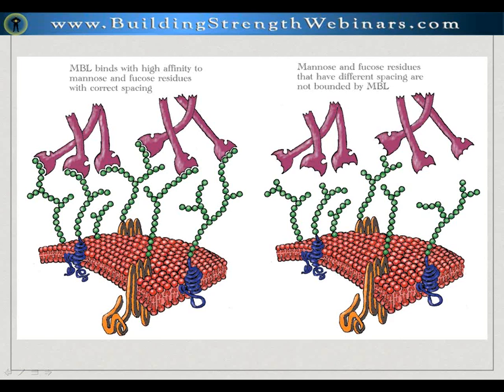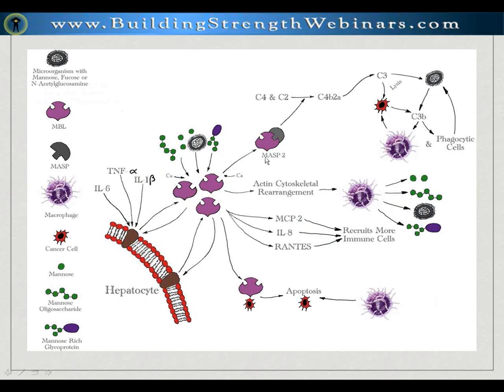So here we've expanded it. I said if the serine proteinase, mannose-binding lectin-associated serine protease 2, binds to the mannose-binding proteins, it turns on the complement 4 and 5. It activates complement, and this complement will kill lots of bacteria and cancer cells.